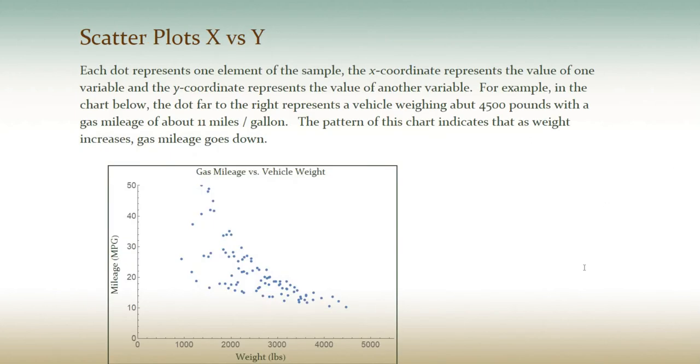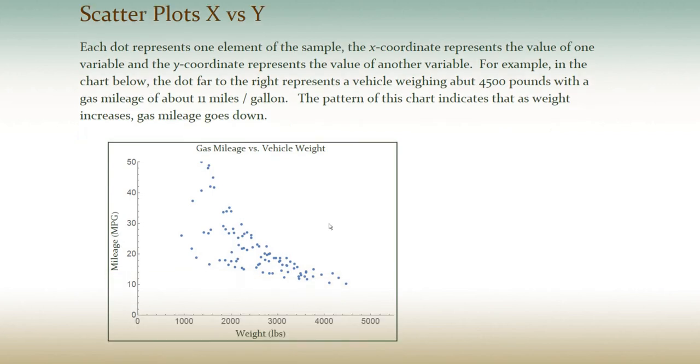So we begin with scatter plots, as these are the first tool we looked at. Remember, in a scatter plot, we have one dot for each element of the sample, and each dot gives us the indication of the value of two different variables. Here, the weight in pounds and mileage in miles per gallon for cars. So the first point over here is at about 1,000 pounds.